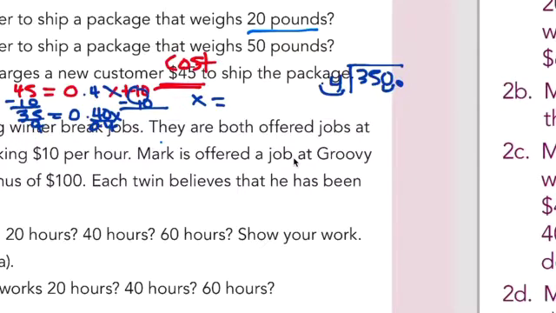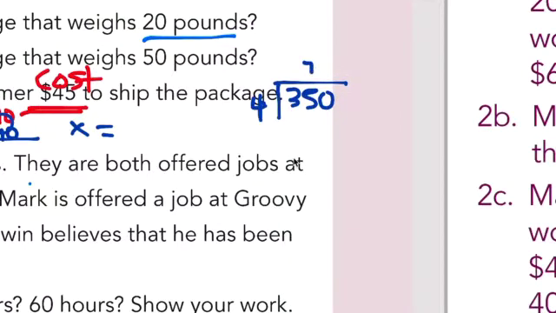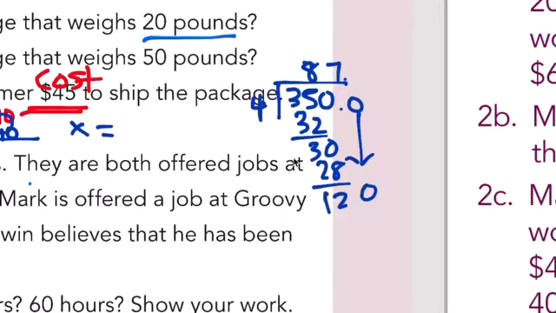So essentially this is 350 divided by 4. Normally a calculator's okay, but you guys didn't do all of 6th and 7th grade in class, so it goes in 8 times, 32, 30, 28, 2, put decimal, 0, bring it down, 4 into 20 is 5 times.